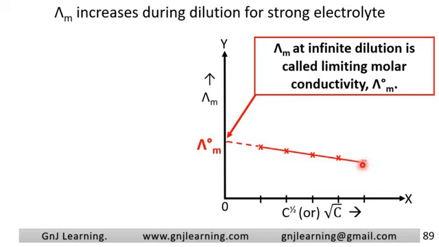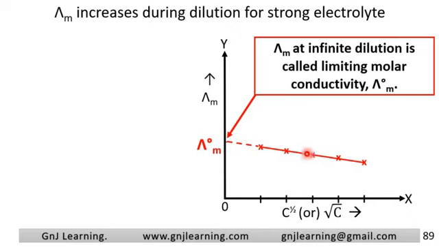Strong electrolyte means when you add this electrolyte into water, it dissociates completely into ions. That's what is meant by strong electrolyte. When you add the electrolyte into water, it dissociates completely into K plus ions and Cl minus ions, as cations and anions. So by dilution I am decreasing the concentration. That's what dilution means.